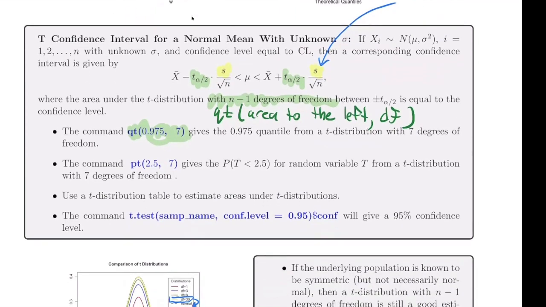And in some cases, we have a built-in function in R that's going to do that entire confidence interval for us. But this command is going to depend on whether or not we actually have access to the data or whether we just have access to summary statistics of the data.